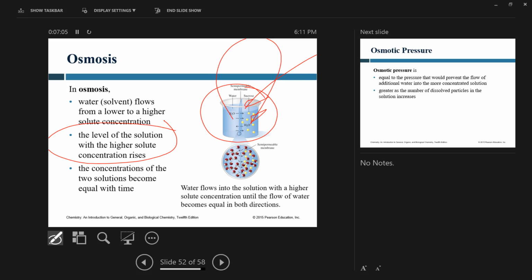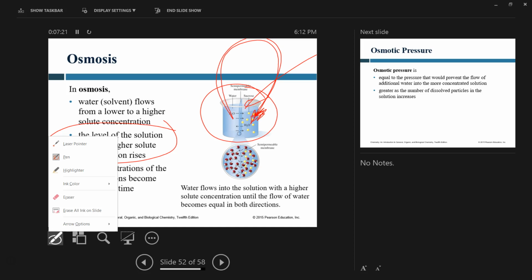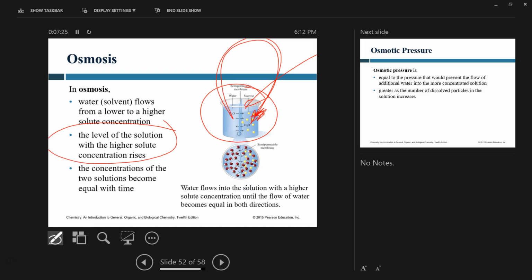Does that make sense? So at some point, the flow of water that is caused by osmotic force, so that flow that I showed here in that red arrow, will be compensated by the flow of water caused by that pressure difference.